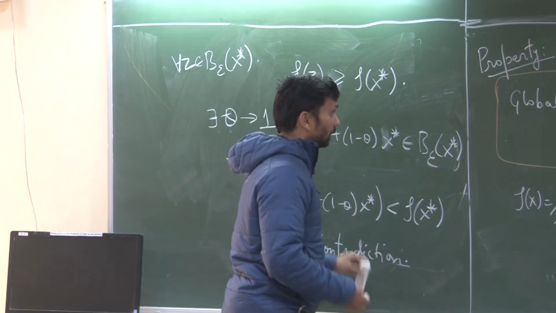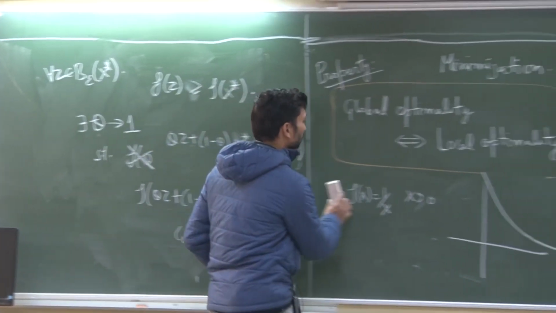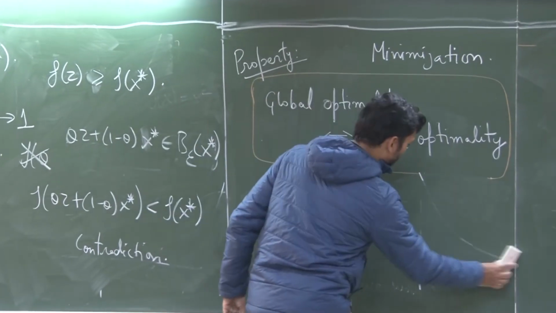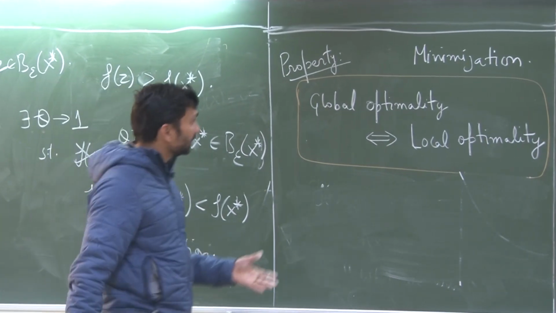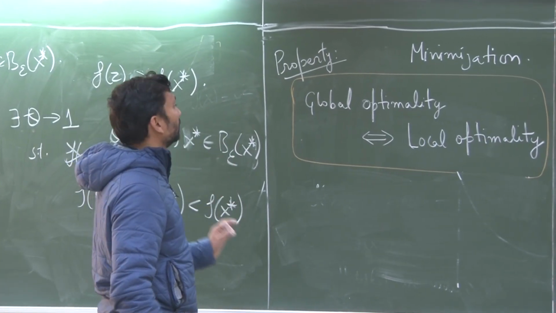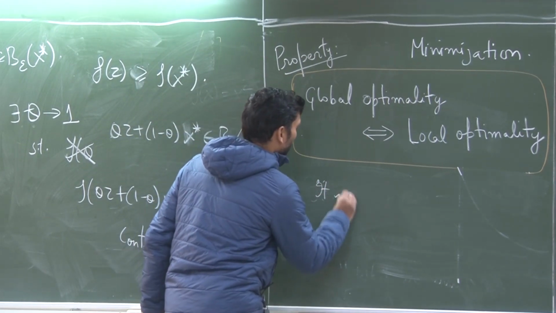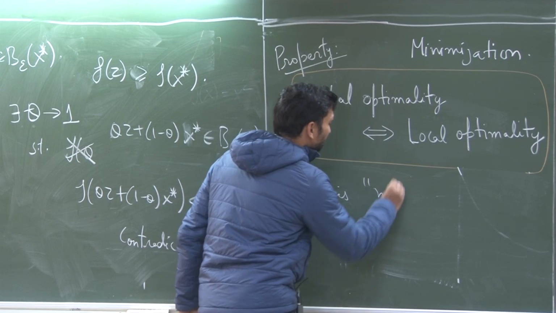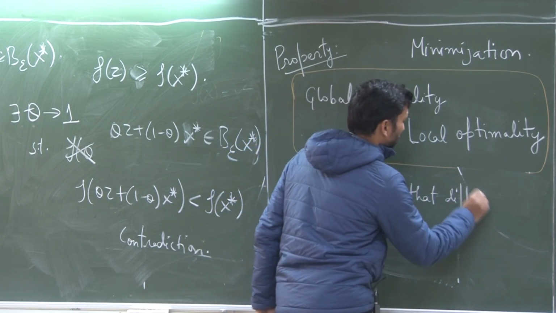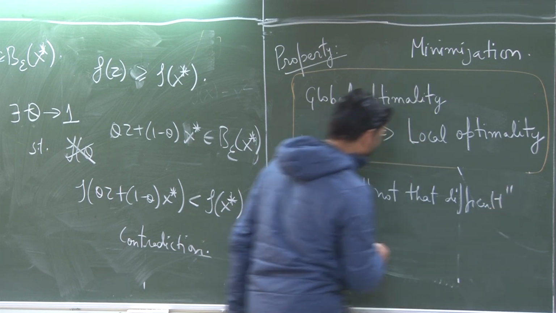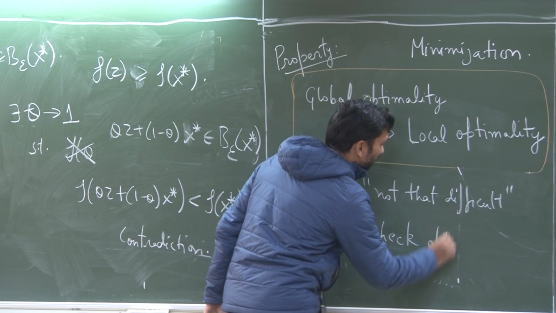So, this small proof shows a very nice property that global optimal is same as local optimal. And again, I would like to emphasize that this shows that it is, I wouldn't say easy, but not that difficult to check optimality.